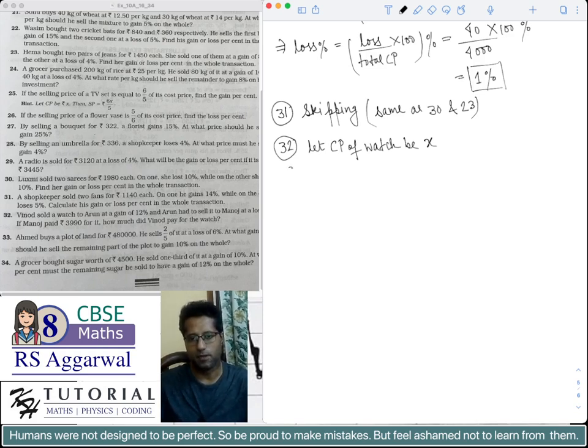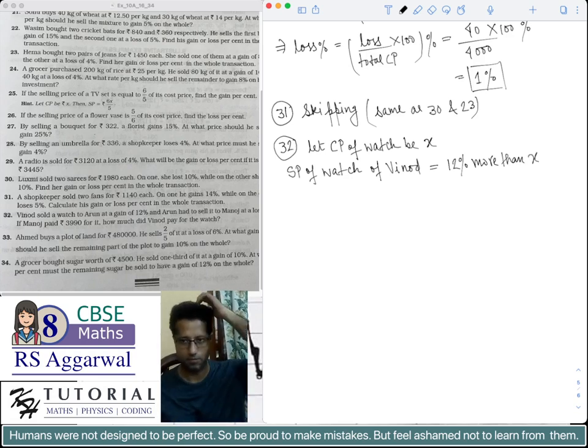So the selling price SP of the watch of Vinod will be equal to, since Vinod sold the watch to Arun at a gain of 12%, it should be 12% more than X, because X is the cost price of the watch, that is the price at which Vinod purchased the watch. And if Vinod sold the watch to Arun at a gain of 12%, then the selling price of that watch should be 12% more than X.